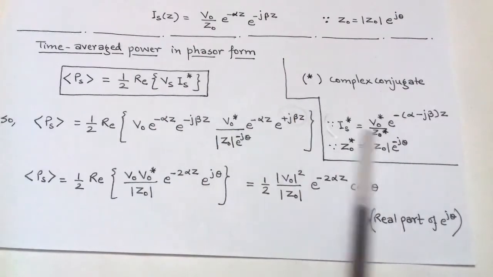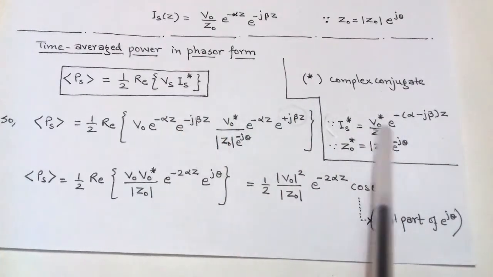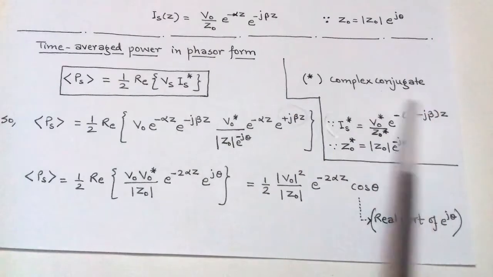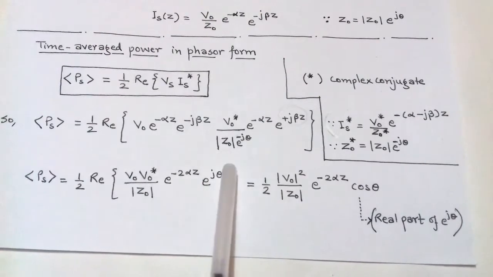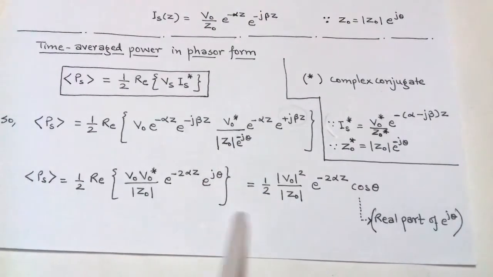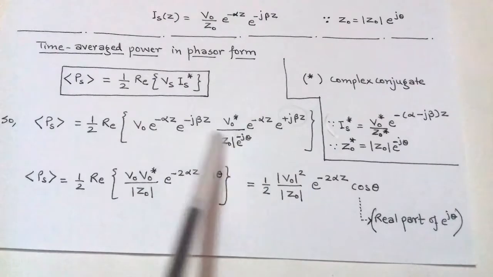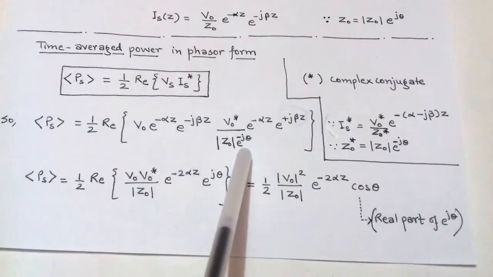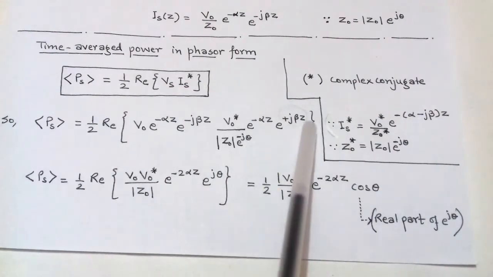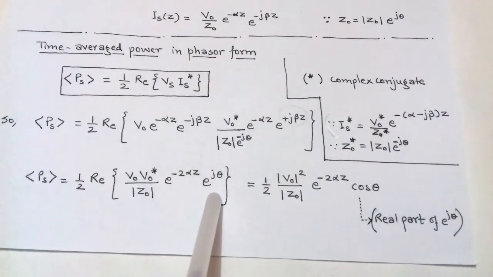So after putting these values, that is the voltage phasor, the complex conjugate of the current phasor, and the complex conjugate of the characteristic impedance, we get this equation. After combining this, there is a phase of the characteristic impedance, e^(-jθ). This is in the denominator, so we take it to the numerator side and it becomes positive.